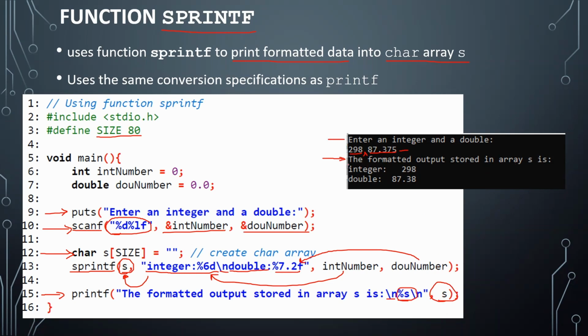Well, what is in S are these two lines here, which was created on 13. So you can see how we can use that sprintf to create strings as we go, and then our printf isn't going to be as muddy looking and as difficult looking.